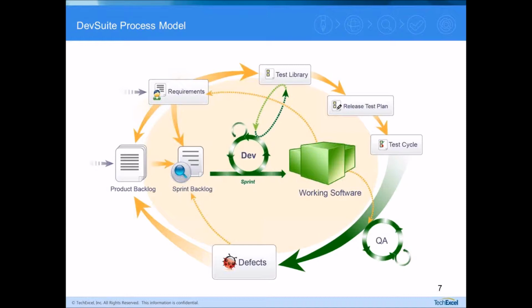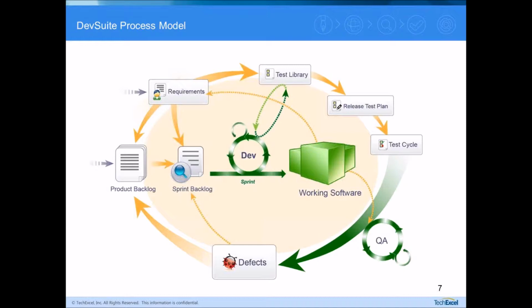And then there are really two parallel processes. One is the development process, which goes through the basic development cycles or sprint cycles or iterations. The other parallel process is to start creating or defining test cases right from those requirements. Once the test cases have been defined, you start to define the release plan and the test cycles. And if you note here, the development cycles are also in sync with the test cycles.